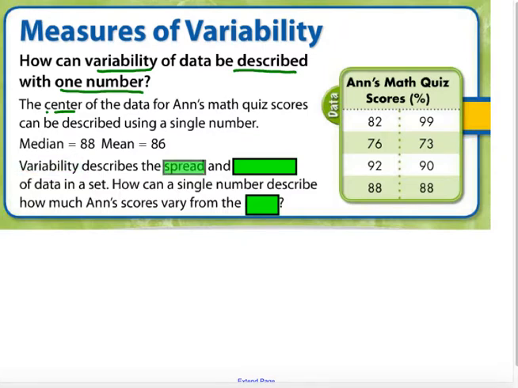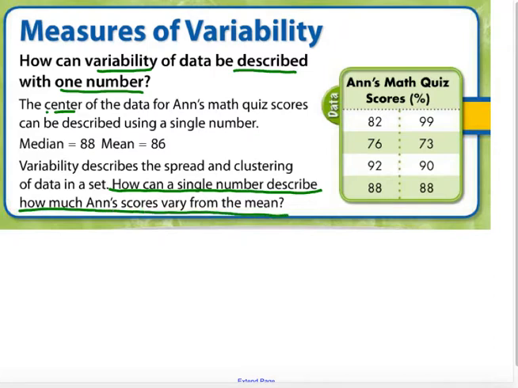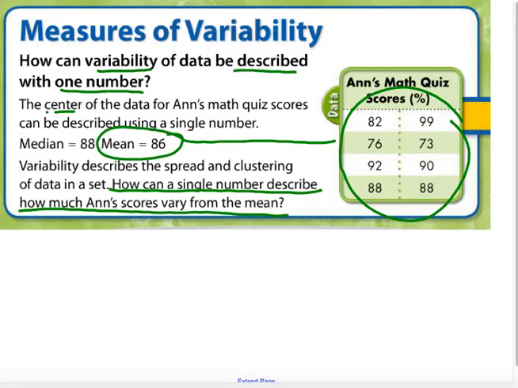Variability describes the spread and clustering of data in a set. How can a single number describe how much Anne's scores vary from the mean? So in other words, what number could we use to describe how her scores are all a little bit different or vary from her mean?